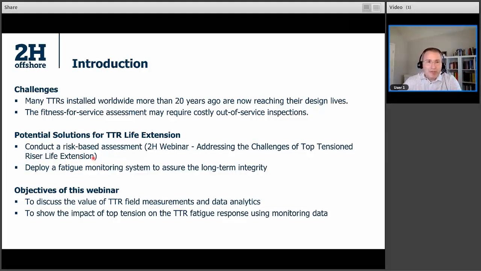Another option will be to deploy a fatigue monitoring system to assure the long-term integrity of the TTR. That's what we are going to discuss in this webinar. The main objectives of this webinar are to discuss the value of TTR field measurements and data analytics, and to show the impact of top tension on TTR fatigue response using monitoring data.